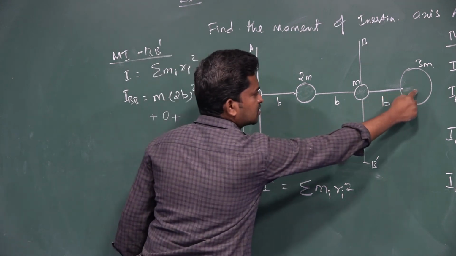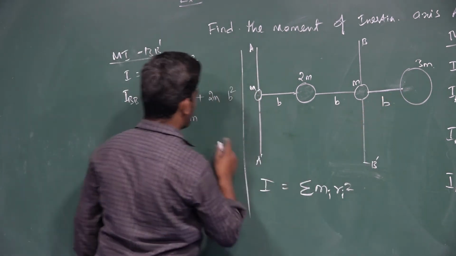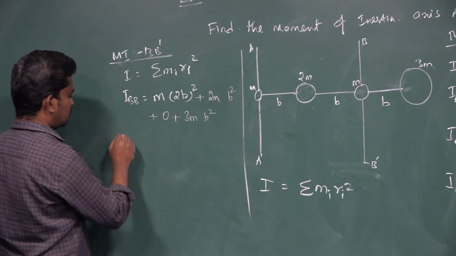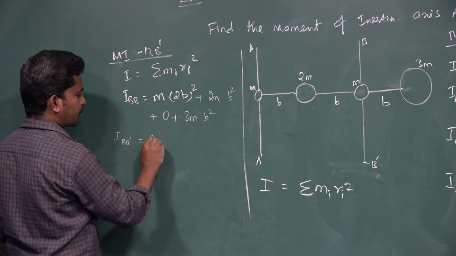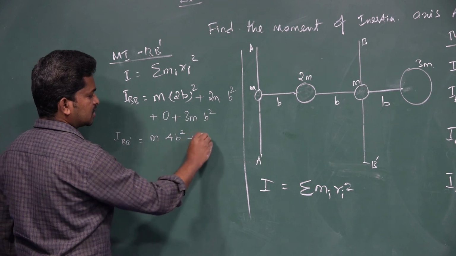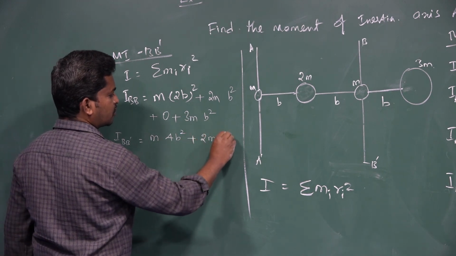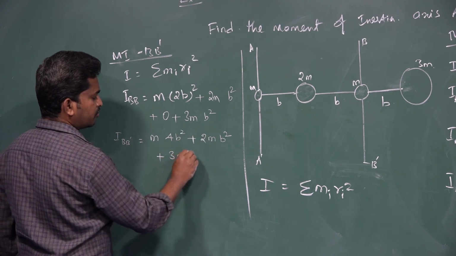Plus the point mass 3m at distance b, so 3m b square.